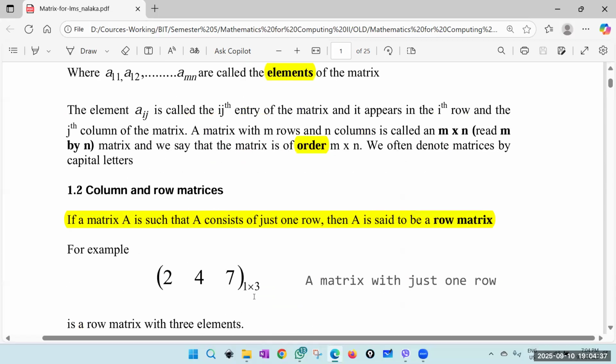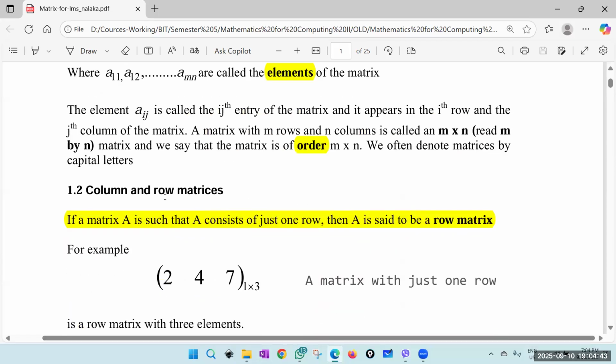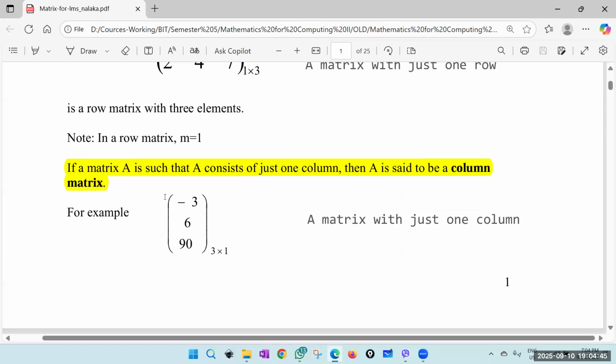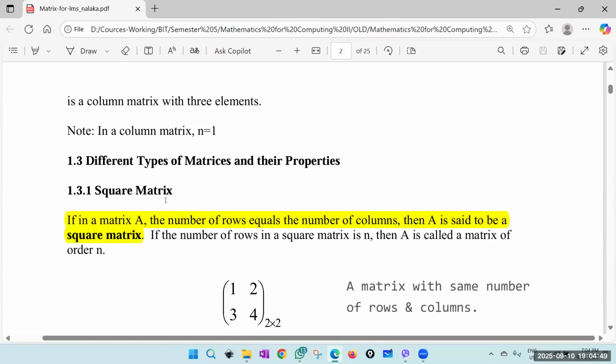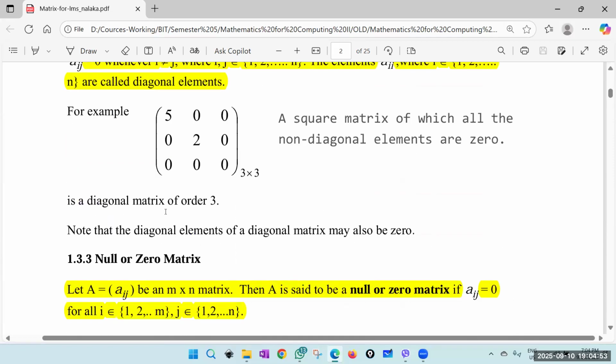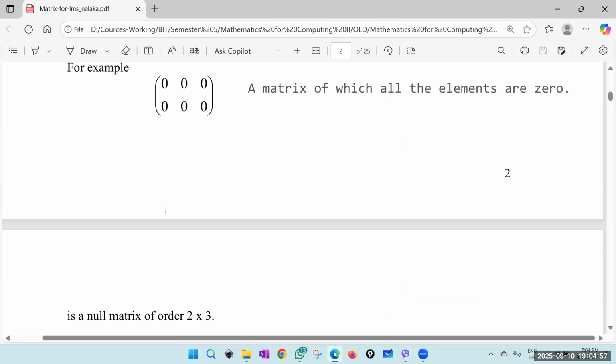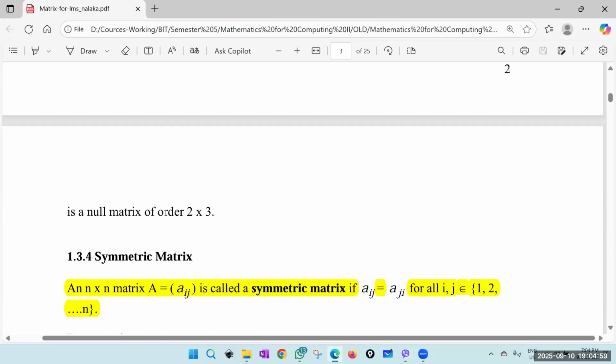Right, so we discussed that every matrix has a size or order. Individual items are called elements. We discussed some special matrices like row matrix, column matrix, square matrix, diagonal matrix, zero matrix or the null matrix. Remember, some of these special matrices are square matrices.